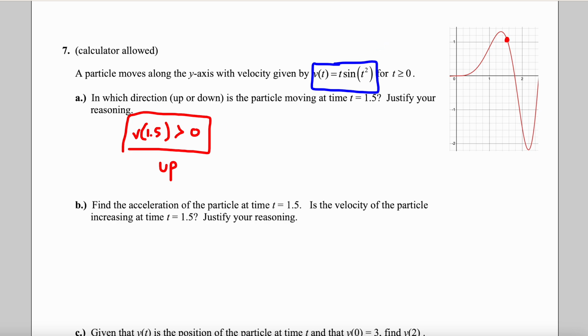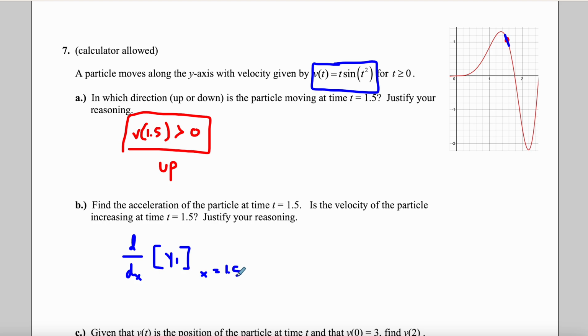Now I got to find acceleration. I can already tell from looking at the graph that the slope at 1.5 is negative, but let's actually be specific. So what I would end up doing here is I would math 8 this. So I would d/dx, and I would go ahead and use the vars tool and select that y1 that I plugged in. I could also just freehand plug in the function, and then x equals 1.5.